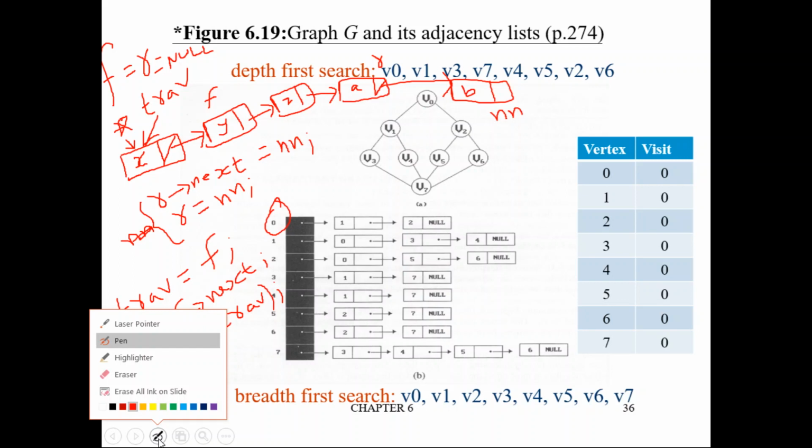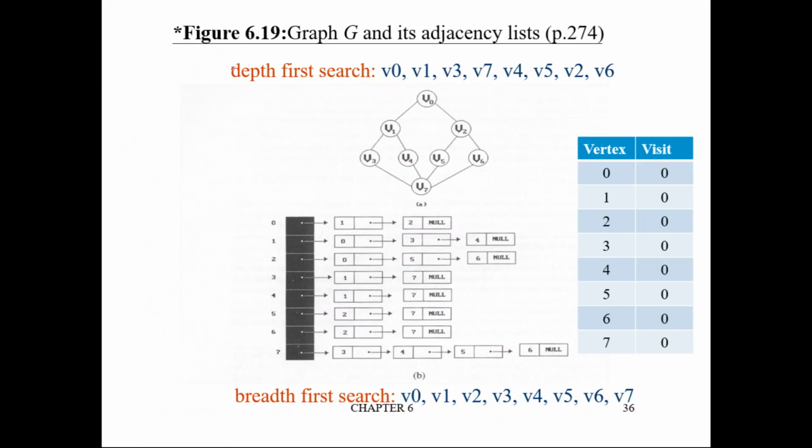So this is the logic for implementing queue using linked list. Now let us see how this can be used for breadth first search. First we visit node 0 as usual, so we display that.